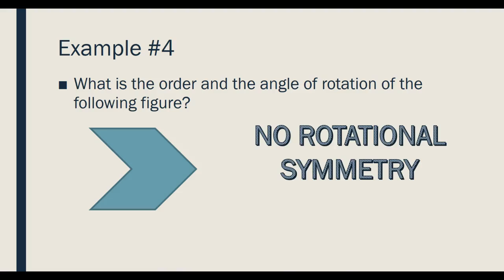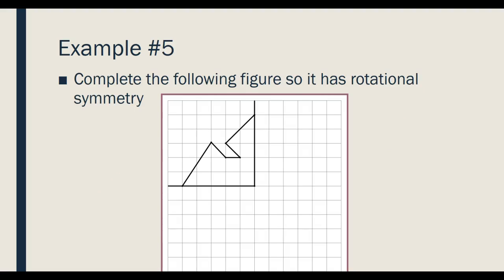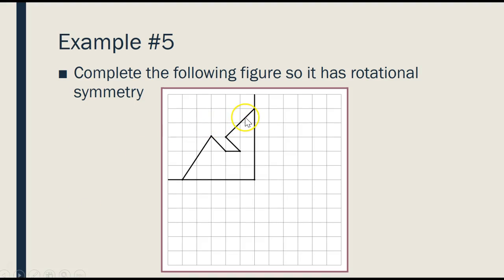So how would we create a figure that has rotational symmetry? So let's try to rotate this first counterclockwise. So I notice that this first point, 5 units up, so I'm going to go 5 units in the 90 degrees counterclockwise.